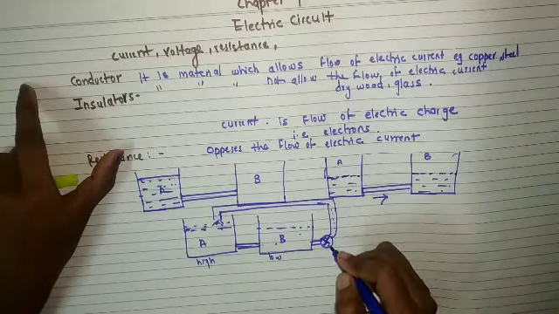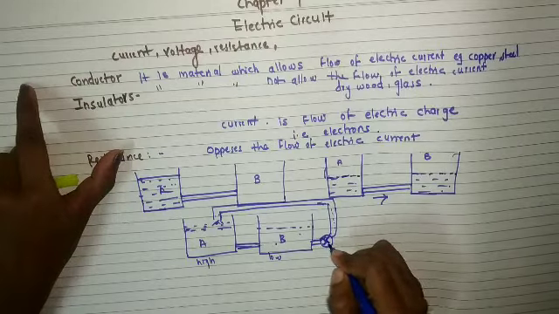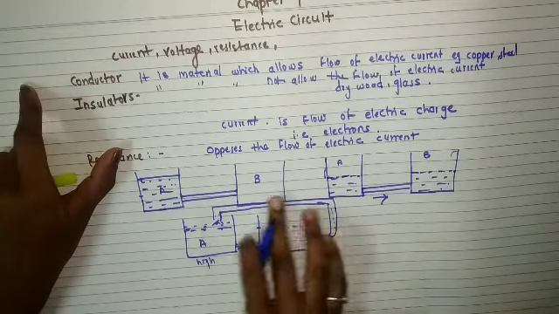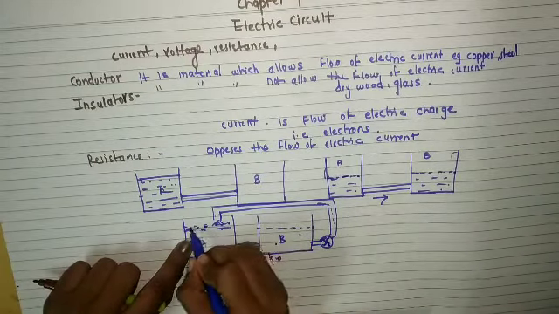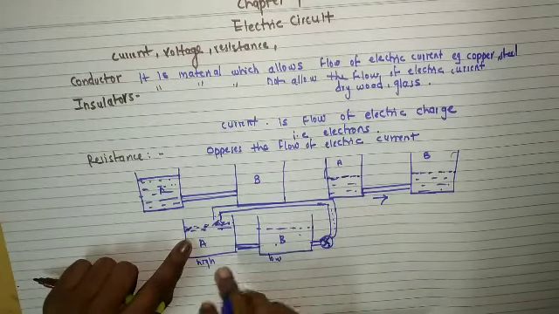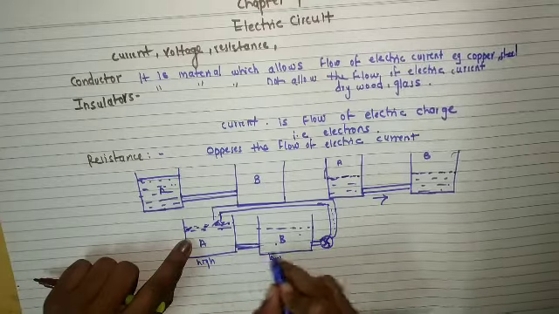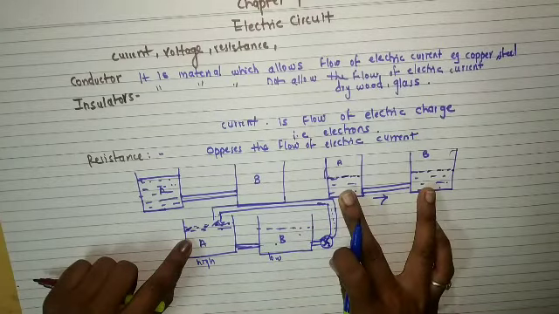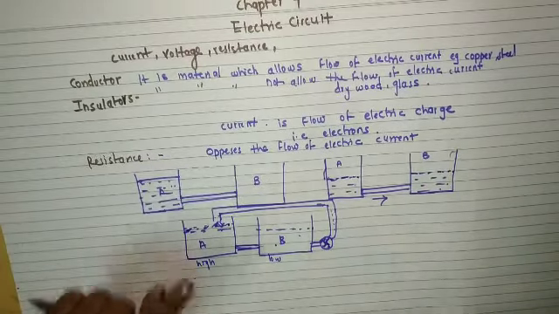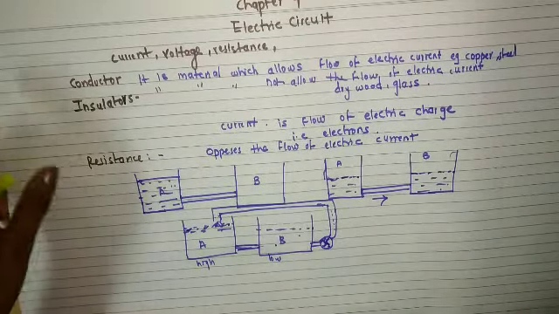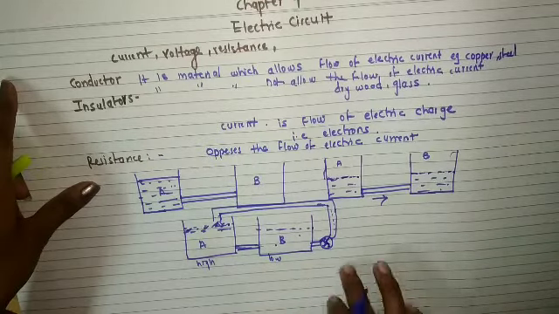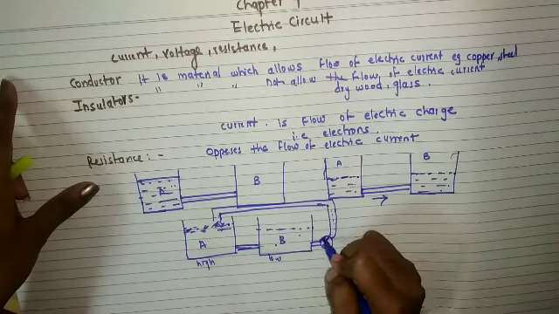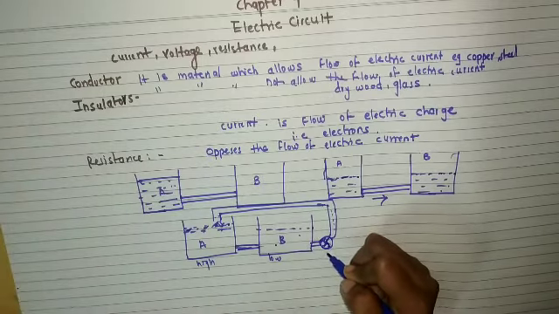Okay, whenever we turn off this pump, what will happen? The water will go into A, so A will have a high level of water. This water will flow from A to B. When the water levels of vessels A and B are similar, the water flow will stop. So from this we have to understand, if we want continuous flow, there must be some force, and this force is given by this pump.